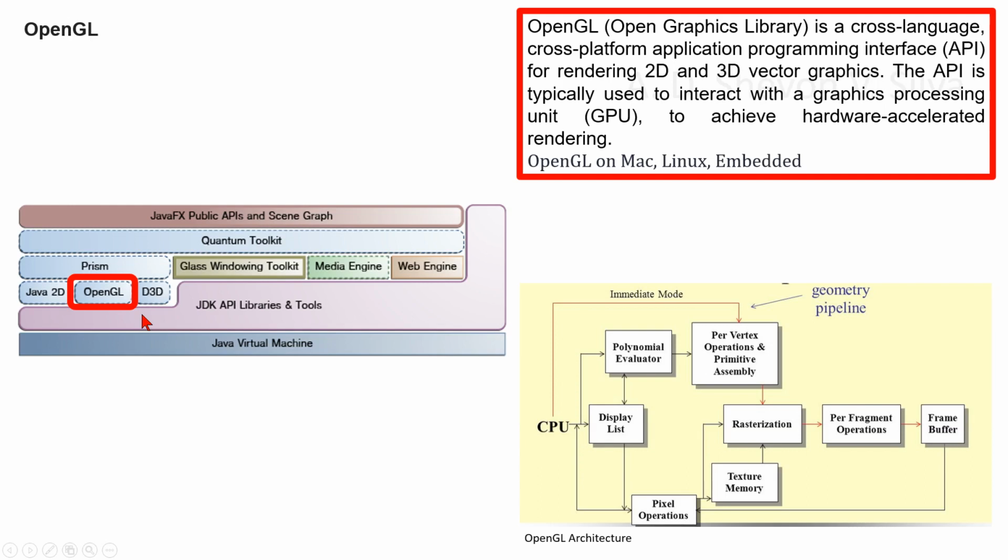The API is typically used to interact with the graphics processing unit, GPU, to achieve hardware accelerated rendering. In JavaFX, OpenGL on Mac, Linux embedded.